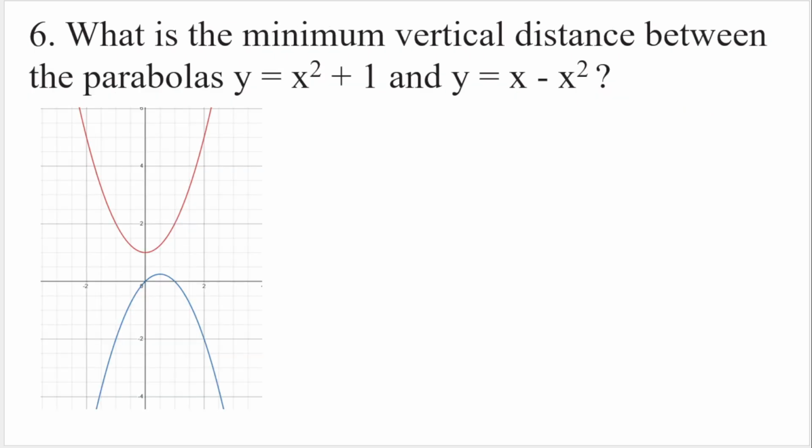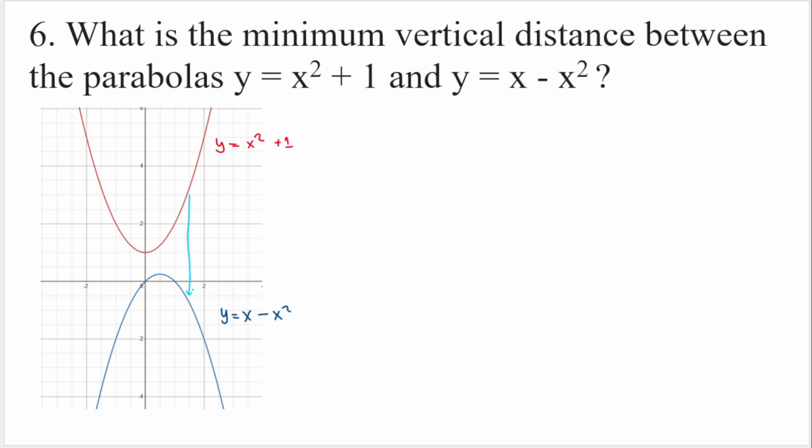So this is the graph. The red one is the parabola y is equal to x squared plus 1, and then the blue one is y is equal to x minus x squared. And what is the vertical distance? The vertical distance is the distance vertically between these curves.